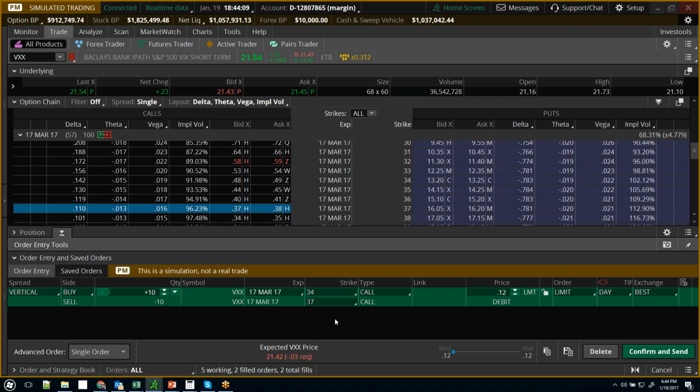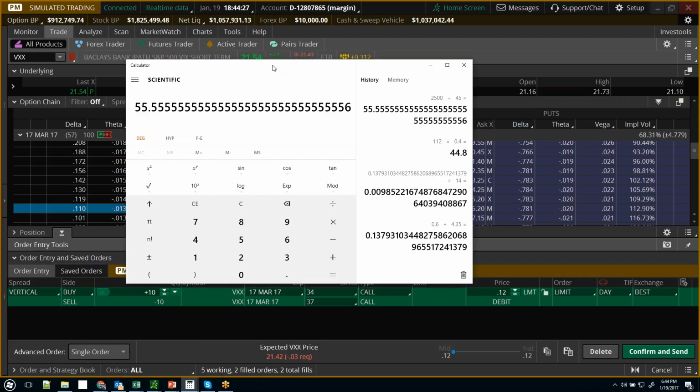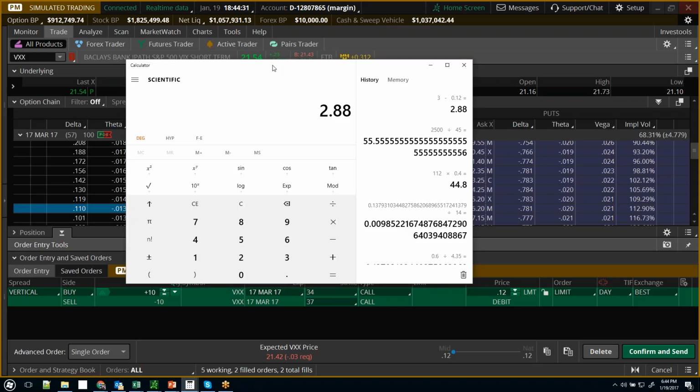Now, I have a target in mind of what I would like to see. I would like to see the ratio of what I can get profit-wise to what I'm spending to be about 14 or 15. Right now, I'm starting at 12 cents debit. That's actually too low. Let me show you how you figure that out. $3 minus 12 cents is I can make a max of 288.